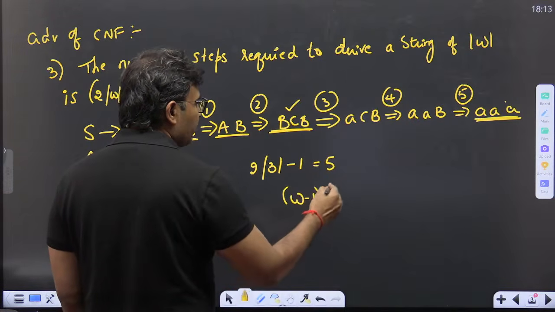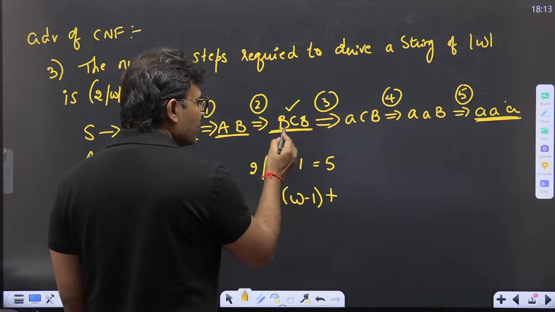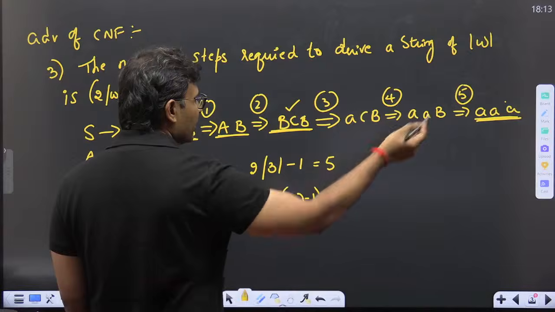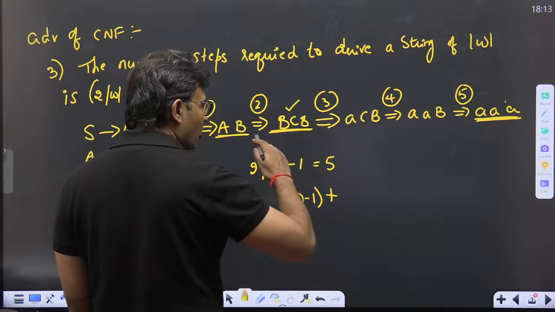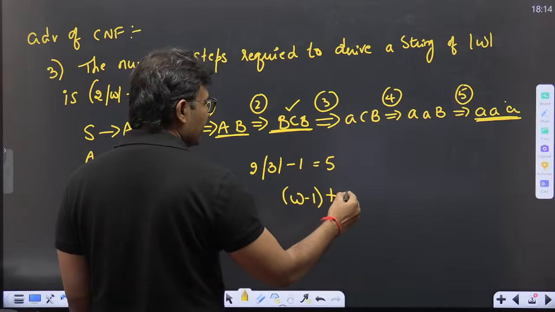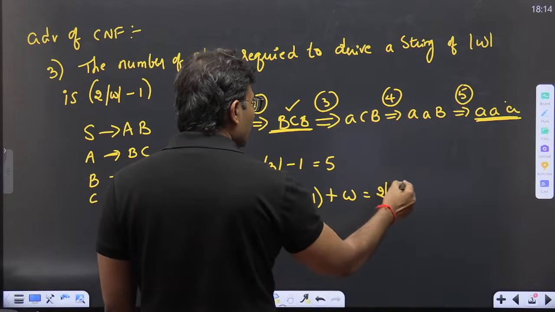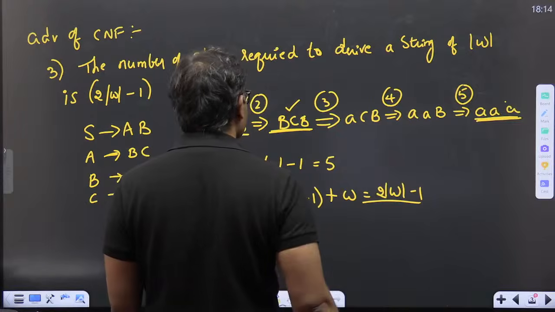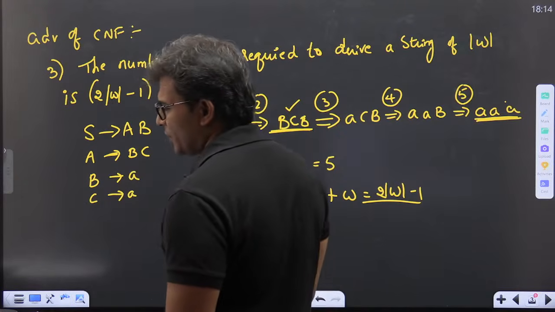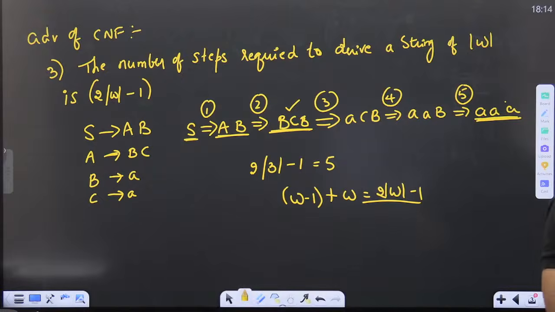Plus, once you reach here, you start substituting every variable with a terminal symbol, which is w steps. You need not follow the exact process, you can follow your own process also, but this is easy to understand. So it is going to be 2 into w minus 1. This is one of the advantages.